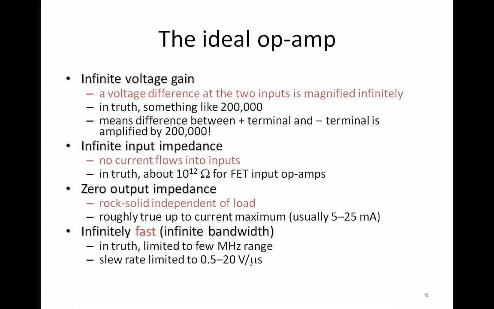Input side, infinite gain, infinite impedance; output side, zero impedance; and then it has a higher bandwidth. The higher the bandwidth, the more frequency it can accommodate. That's the basic idea. Can I move on? Yes, sir.